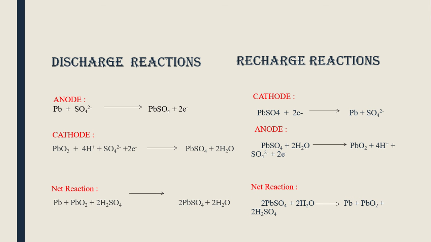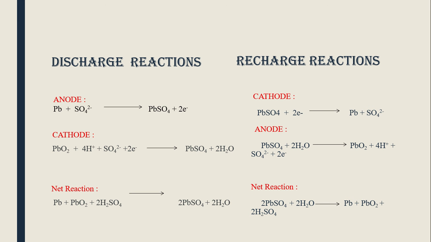Now, since it is a secondary cell, it can be recharged by passing direct current through the storage cell. Direct current reverses the electrode reactions and converts the lead sulfate of the anode to PbO2 and the lead sulfate of the cathode into lead metal.